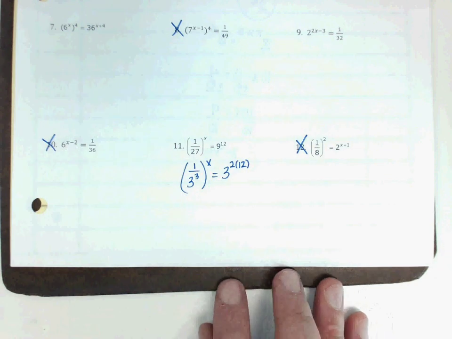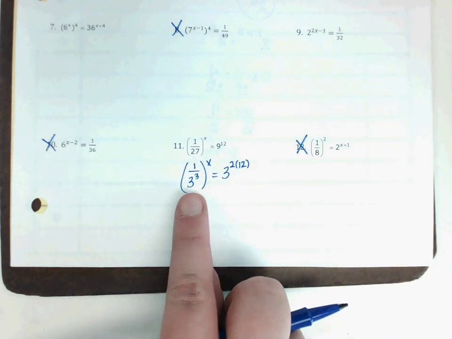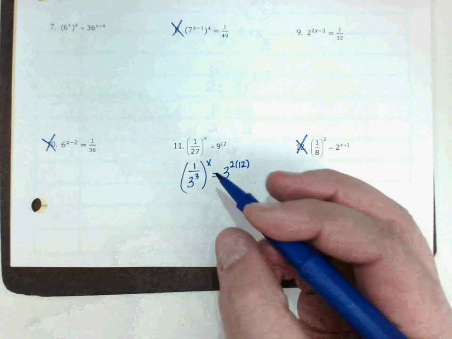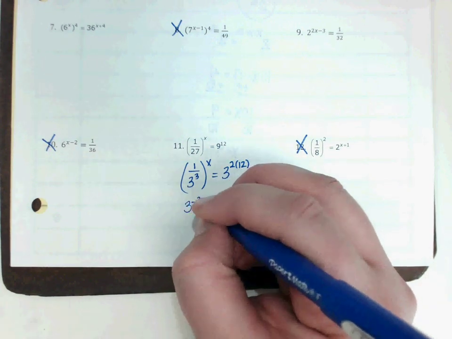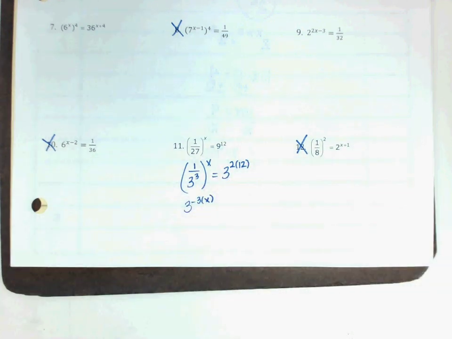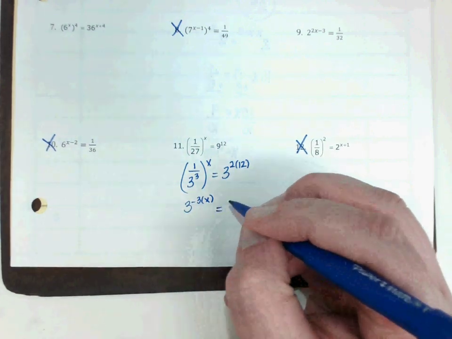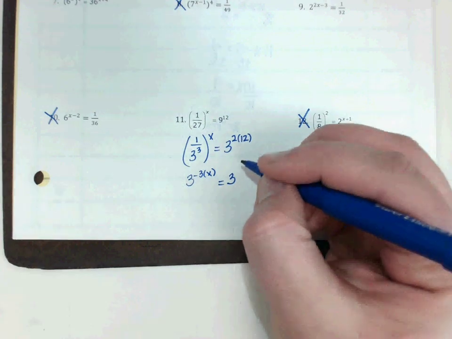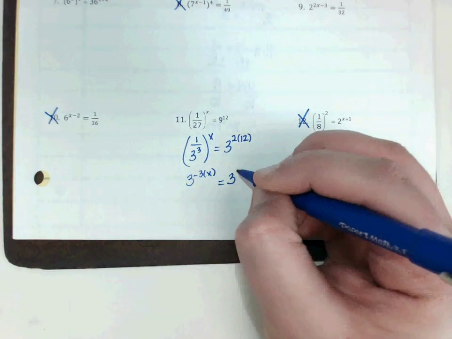12 on the outside. Now, what do you do when it's a fraction? I don't want that to be a fraction anymore. I turn the exponent what? Negative. So this is going to become 3 to the minus 3 with an x left over. And then that's going to be a 3 to the what when I do the 2 and the 12 together? 24.